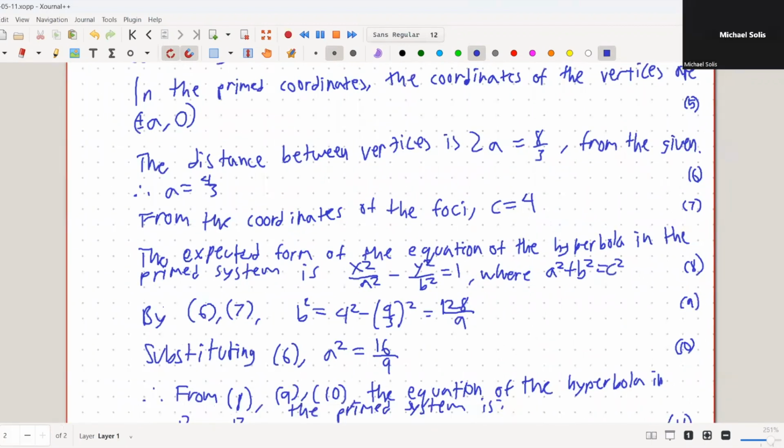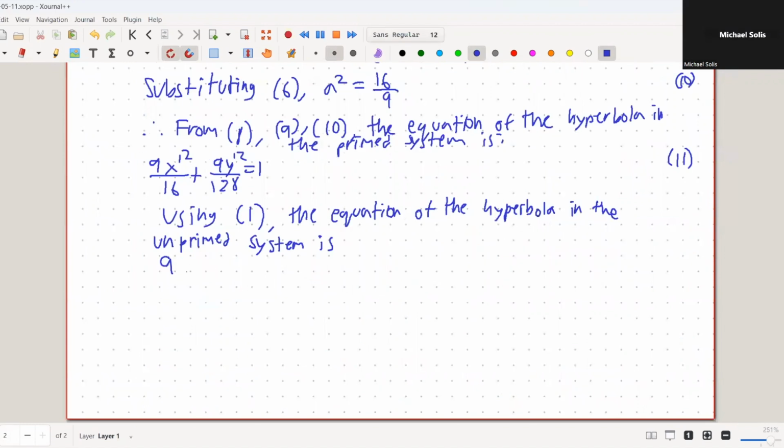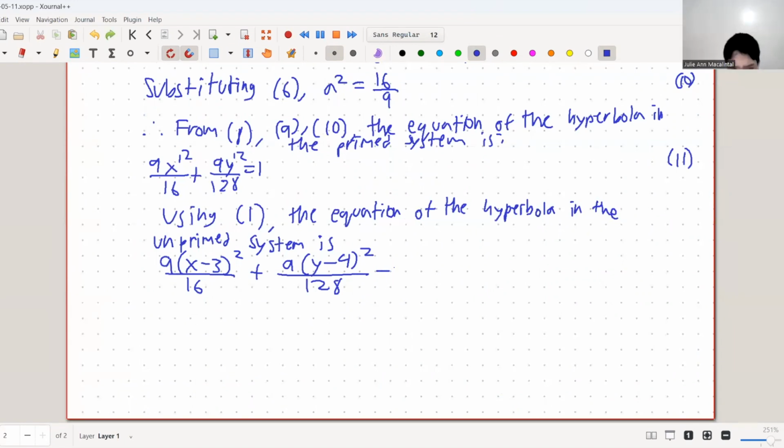Oops, the transformation equations again. So x minus 3 squared. Why plus? It's an ellipse. Aren't we doing a hyperbola? Right. Negative. So minus. So the previous equations are also correct.